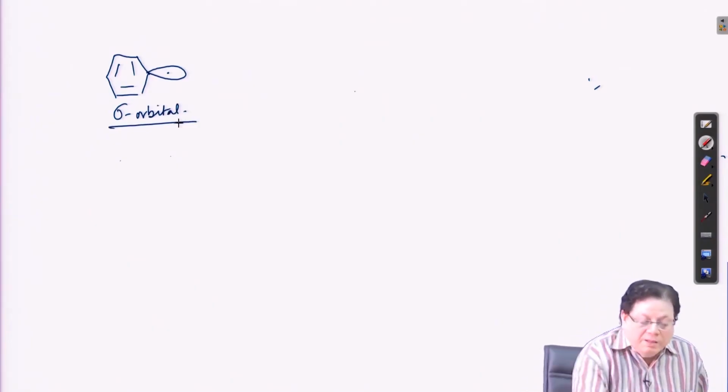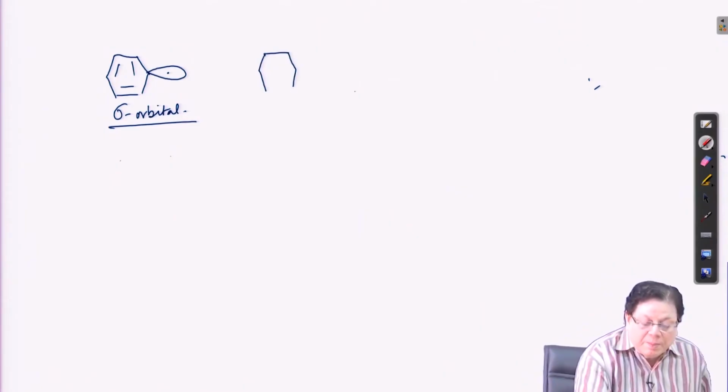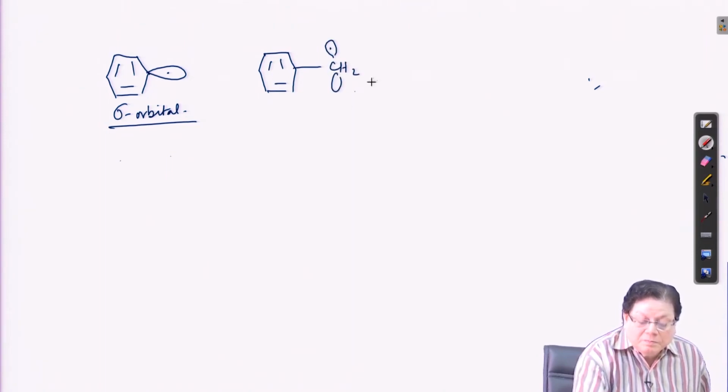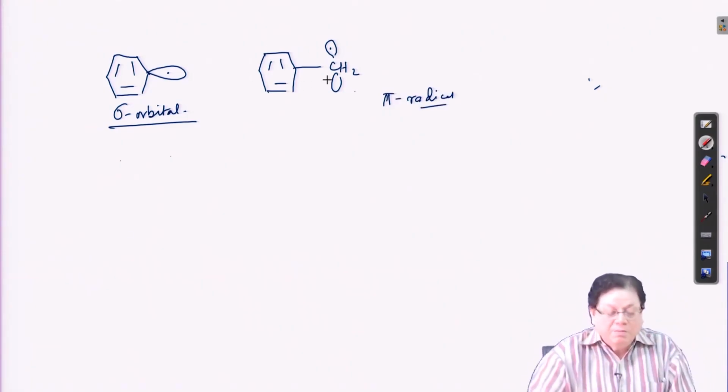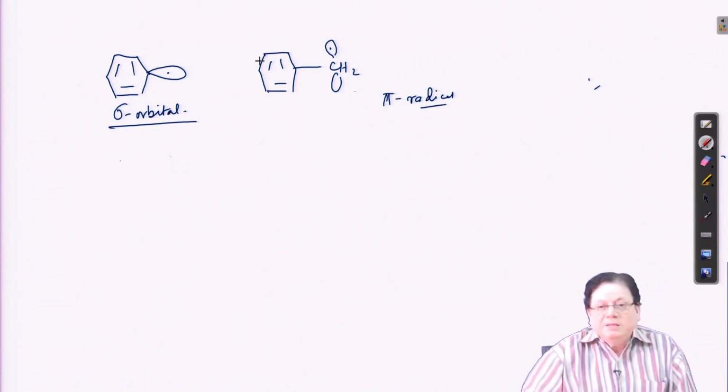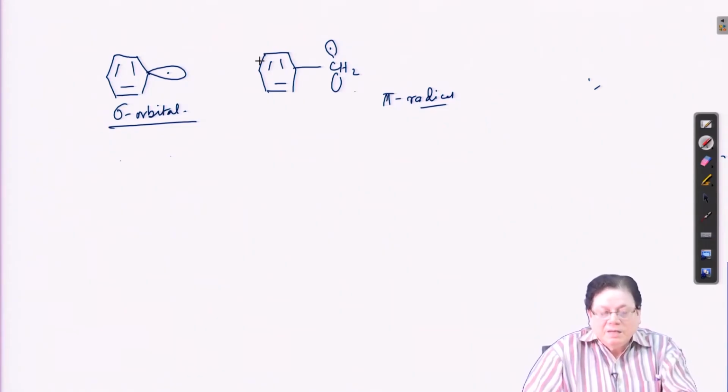On the other hand, if you have this, this is a pi radical, because this radical belongs to an extended pi system involving this benzene ring, and that is why this is called a pi radical. In this case, this is resonance.